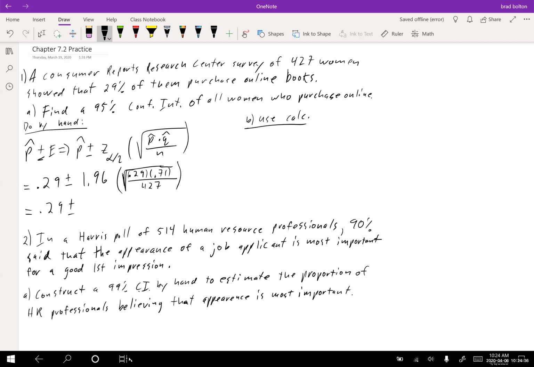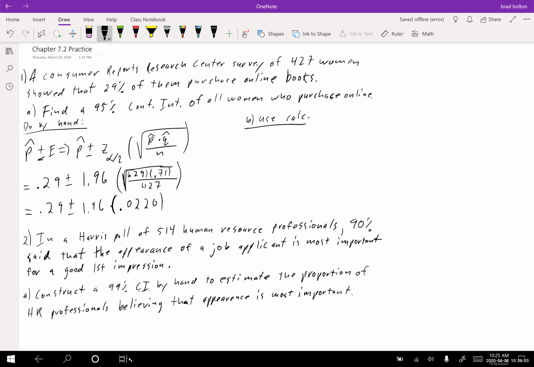And I get 0.02195, let's round off to 0.0220.